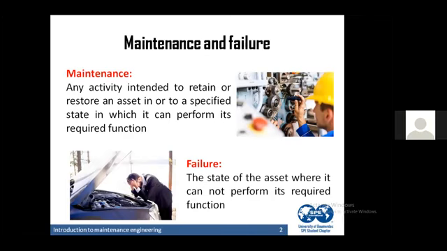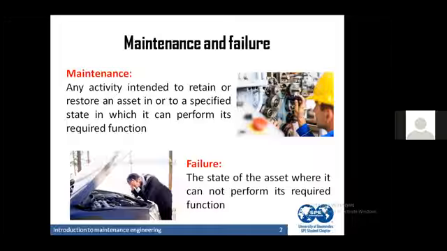Retain means that the maintenance person has a mission to keep his equipment performing in its best state and best performance, and to keep it safe from any failure.